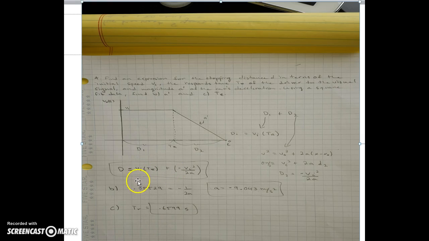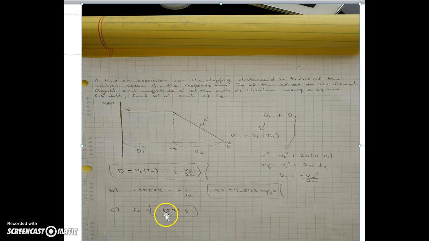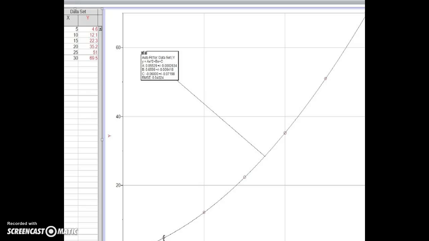And tr is just the coefficient of the vi, which is 0.6599 seconds. So that's his reaction time, 0.6599 seconds. Yeah, I think that's it.